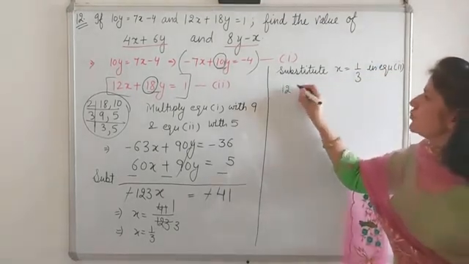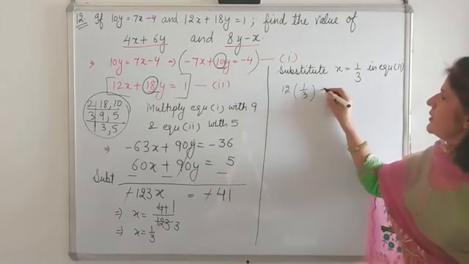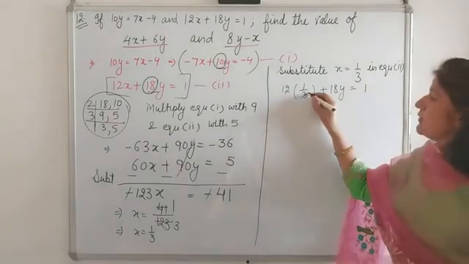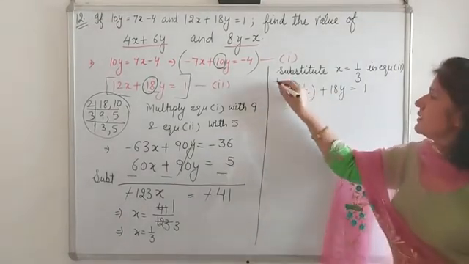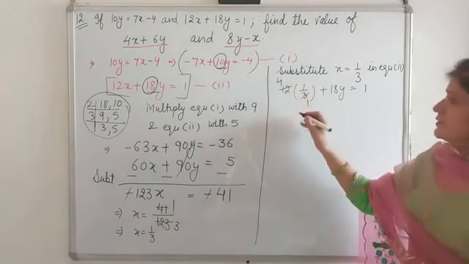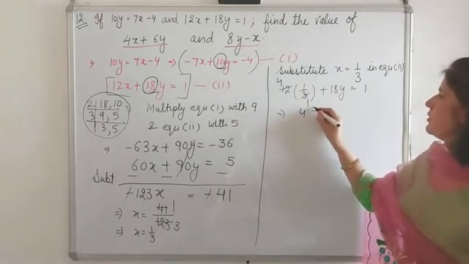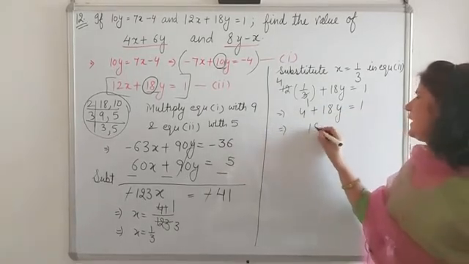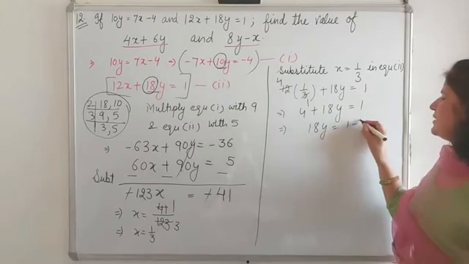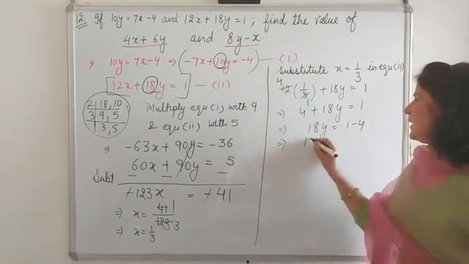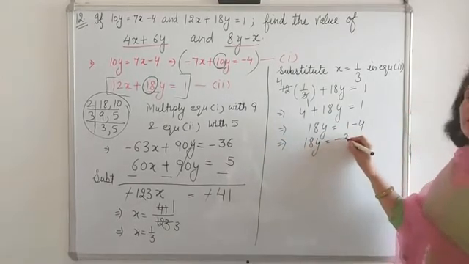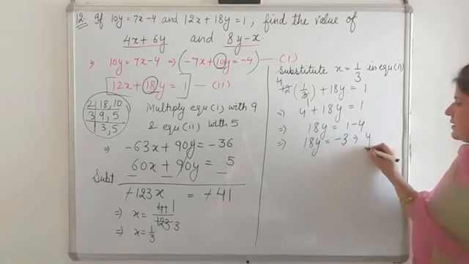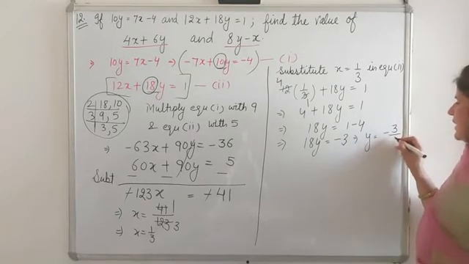So 12 into 1 upon 3 plus 18y is equal to 1. 3 ones are 3, 3 fours are 12 because they are in product. So what comes? 4 plus 18y is 1. 18y is equal to 1 minus 4. 18y is minus 3. 1 minus 4 gives minus 3. And what is y? Minus 3 upon 18.